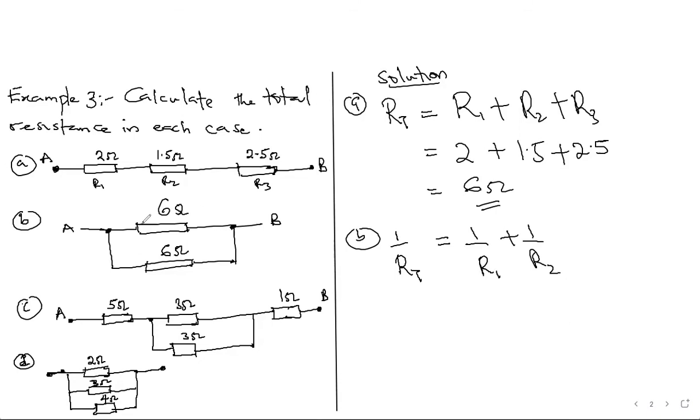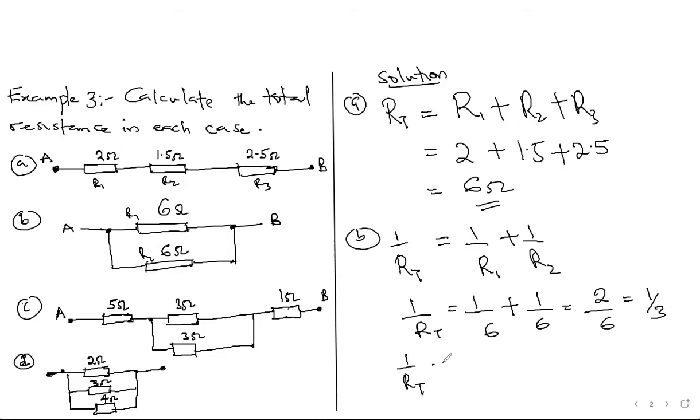If I call this resistor R1 and this resistor R2, I'll have 1 over 6 plus 1 over 6, and that will give you 2 over 6. So 1 over RT is 2 over 6, which is 1 over 3. We cross multiply, and RT will be 3 ohms. So that's the total resistance there.